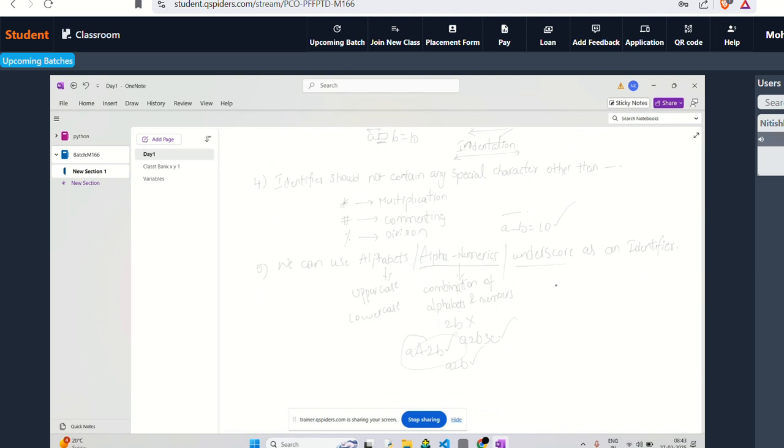We can use only underscore, and also a combination with alphabets, or a combination of these three, like this.